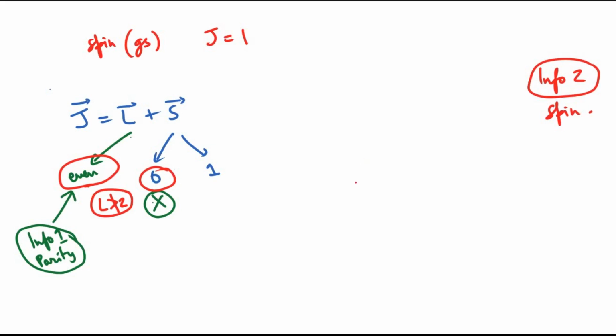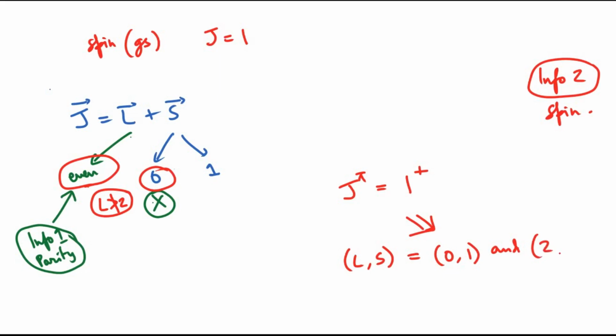Thus, if we consider information 1 and information 2, that is J pi equal to 1 plus, then the only possibilities for L, S are either 0, 1 or 2, 1. These are the possibilities.